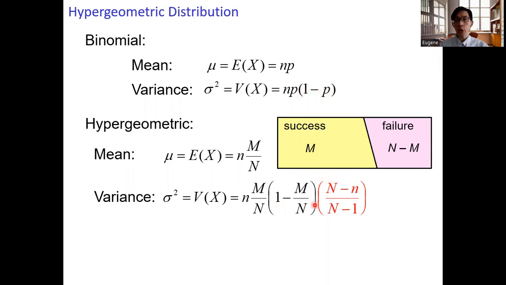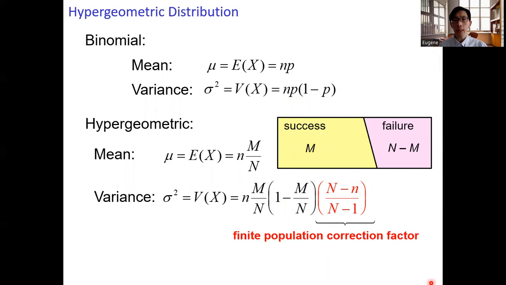And then there is an additional term for the hypergeometric distribution regarding the variance. Big N minus small n, and then over big N minus 1. This is the finite population correction factor.